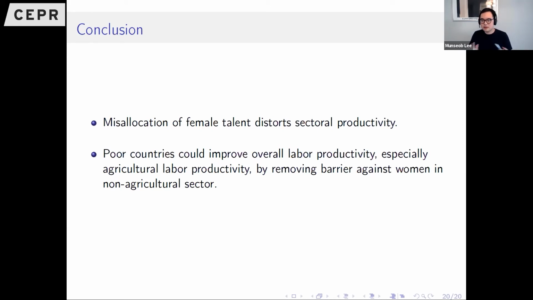Again, I'm somewhat agnostic to the actual source of the friction, but I told you that these are correlated with the perception of female big business executives, human capital accumulation, and so on.